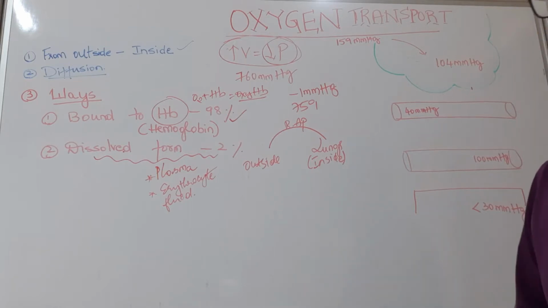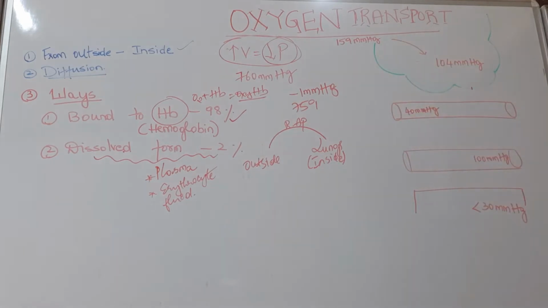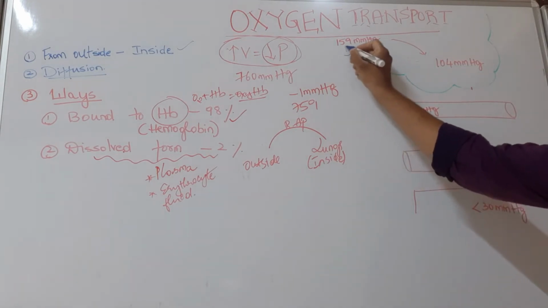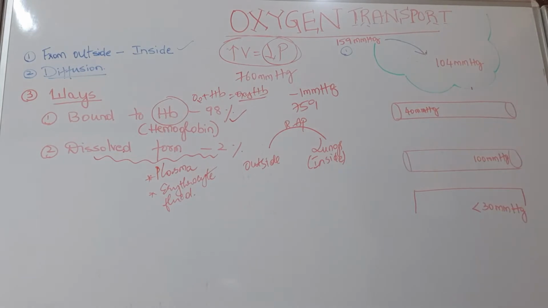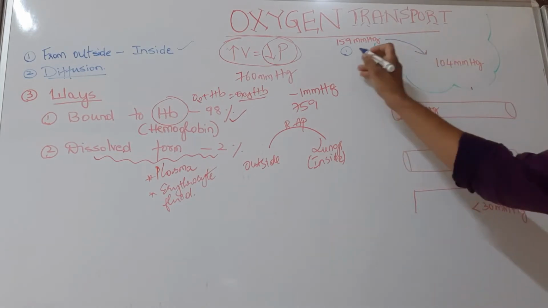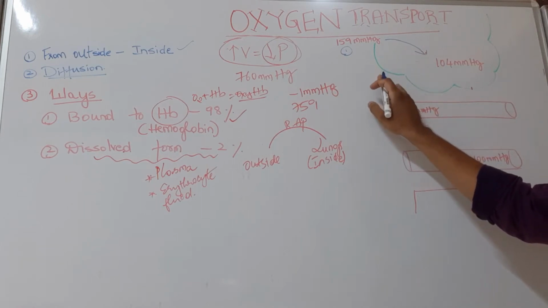To transport in such a fashion, number one, the oxygen that is present outside has to first get inside to the alveoli. It gets in through the pressure difference that is created by the increased volume of the thoracic cavity.